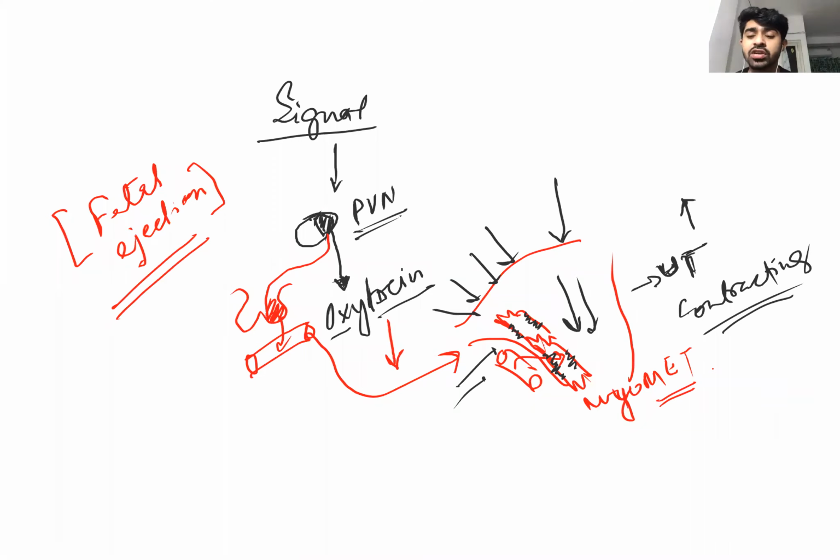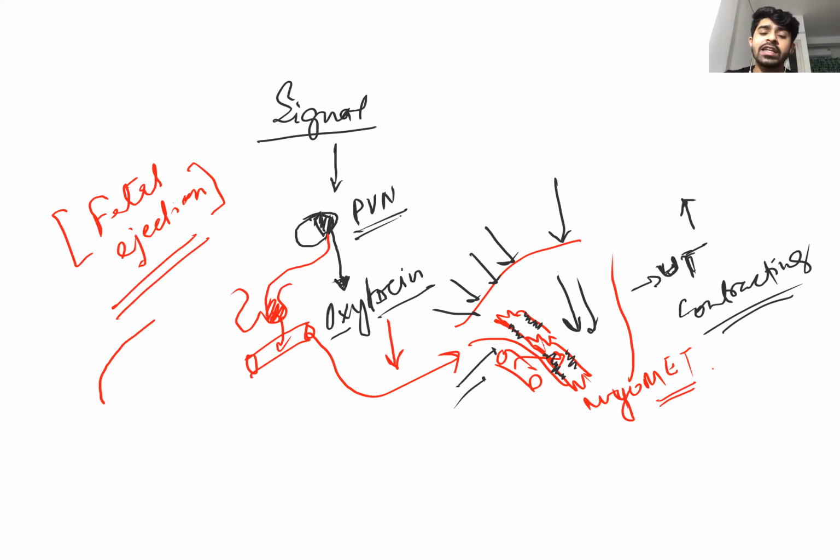What is the milk ejection reflex? The mother is ejecting the milk outside the breast. That is called milk ejection. And if you are able to remember, the same oxytocin hormone also helps in contracting the mammary glands.